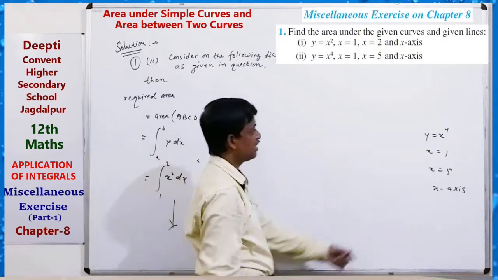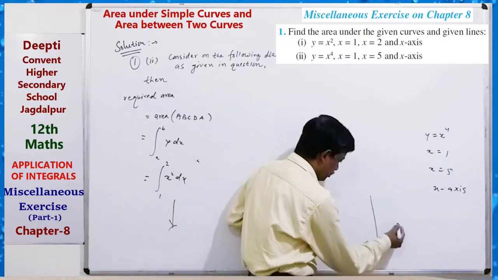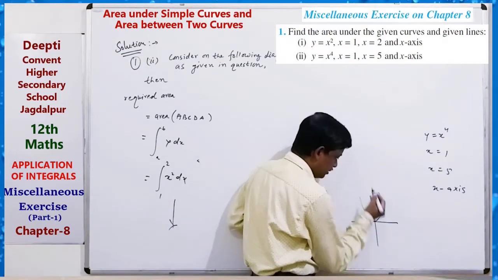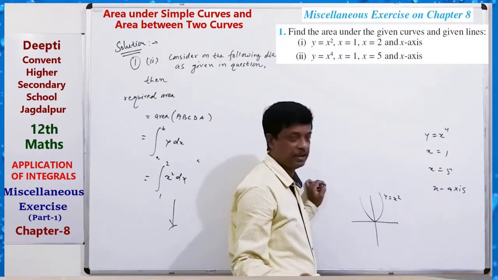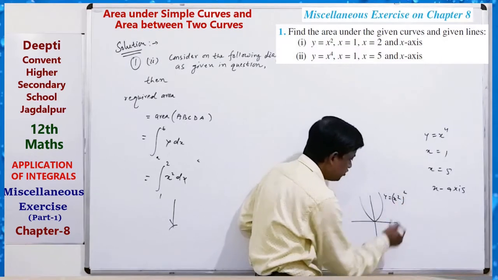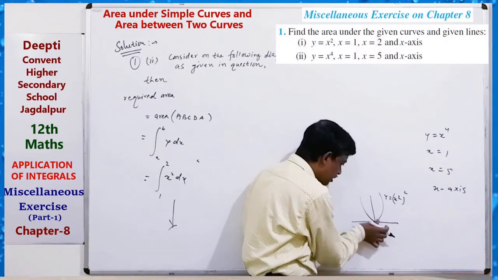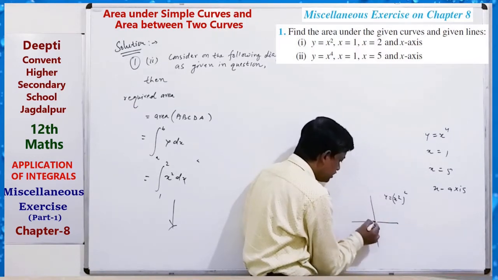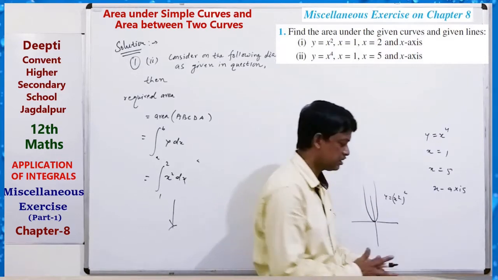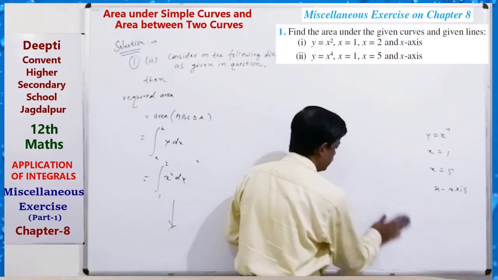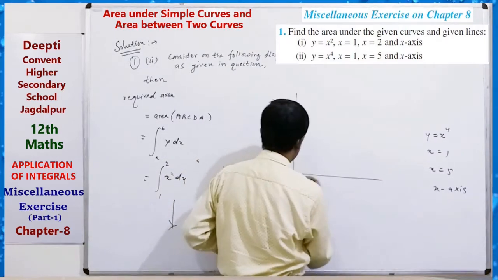So for the second question, its diagram is also like this. We know the standard form y equal to x square, which means rapid increase, so its curvature is like this. The diagram will be just the same, so you can draw it also like this.